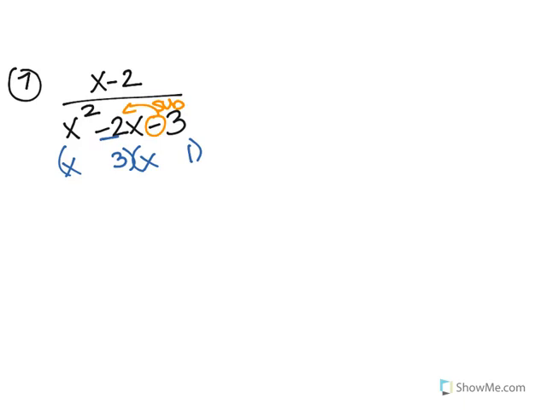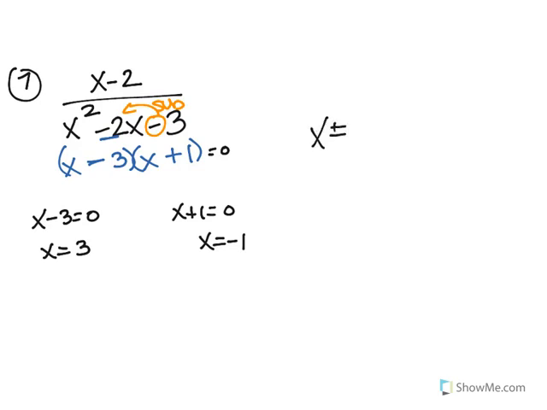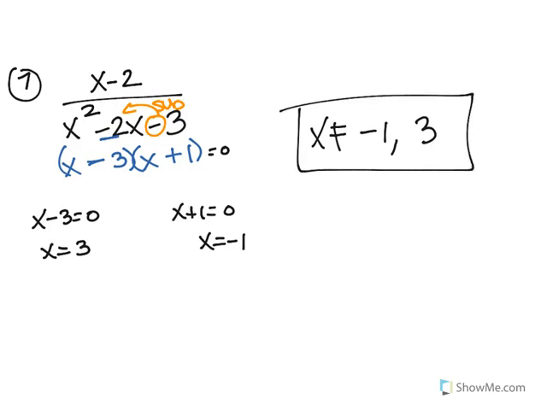And since my 2 is negative, I'm going to need a negative on my 3 and a positive 1. So if you can't see, you would actually set each parenthesis to 0. And that's really what you're doing, to see what two numbers will make me have a 0. So I know that x can't equal negative 1 and it can't equal positive 3 because those two numbers will make that bottom turn to 0.